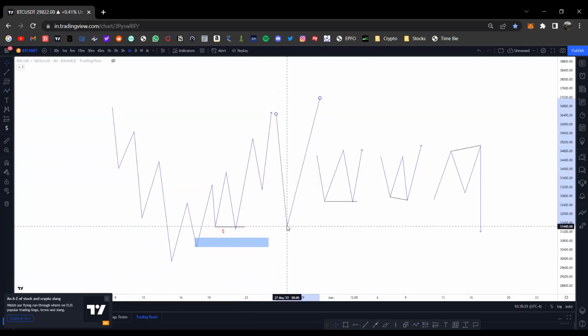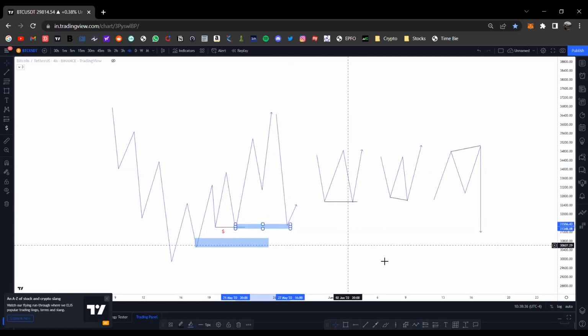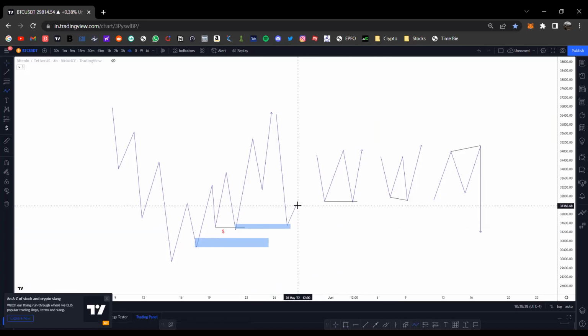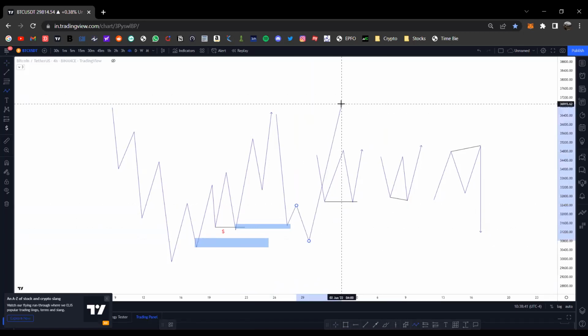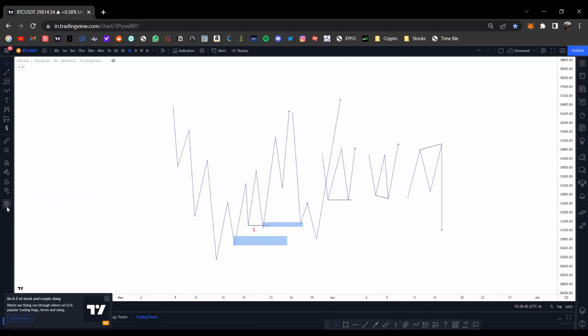They can also do some sort of buys from here, but to mitigate this order block and give a small reaction, they will come again to take out this liquidity and go buys from here. So that's how I choose my point of interest.